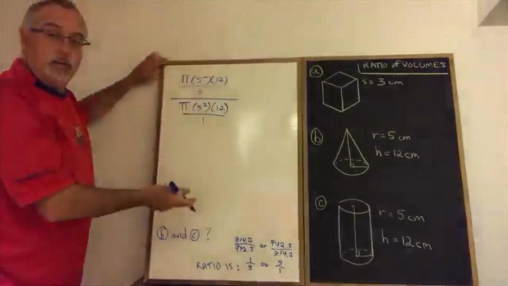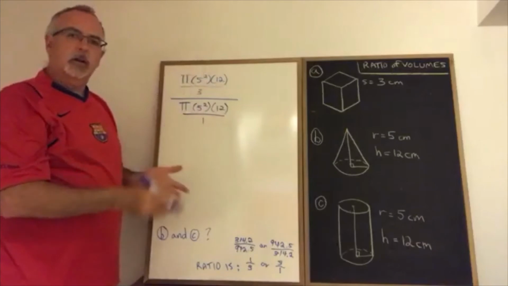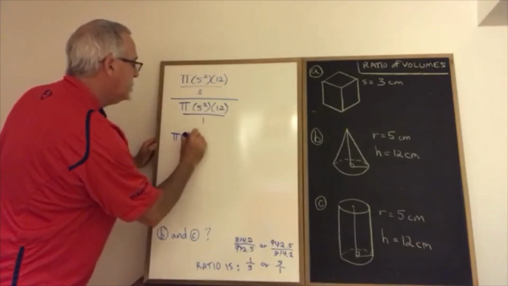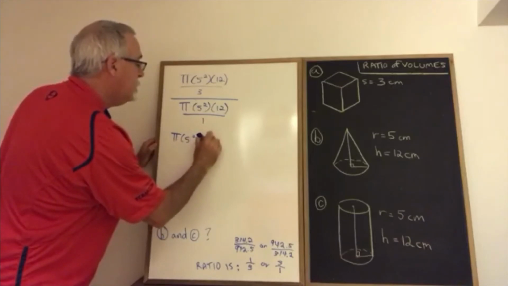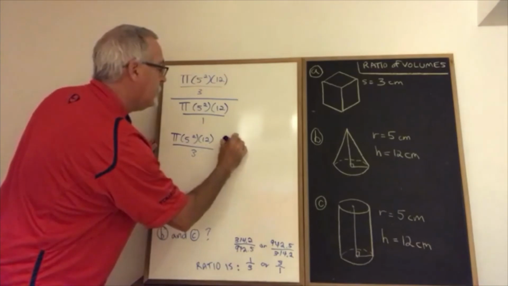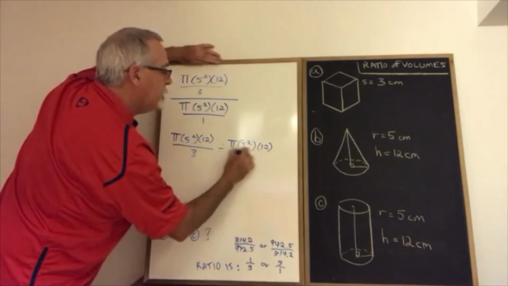So this is a division. And when I divide fractions, I can show it this way, which looks kind of complicated, or instead I can show it like this. Pi 5 squared 12 over 3 divided by pi 5 squared 12 over 1.